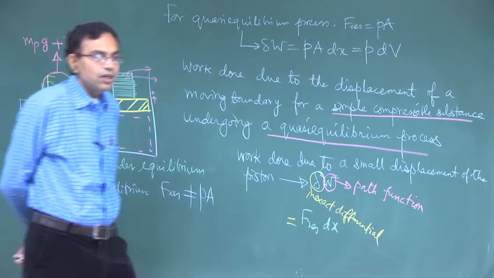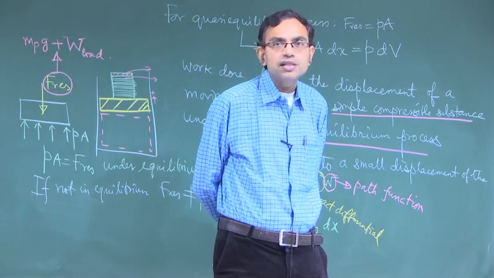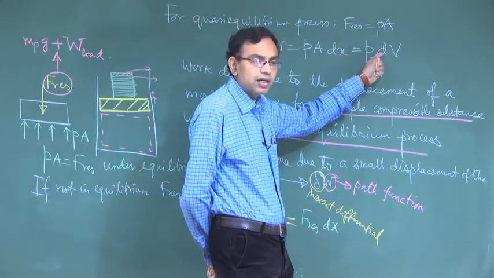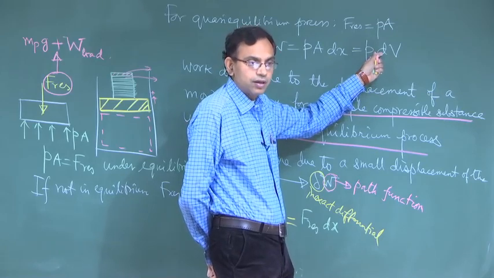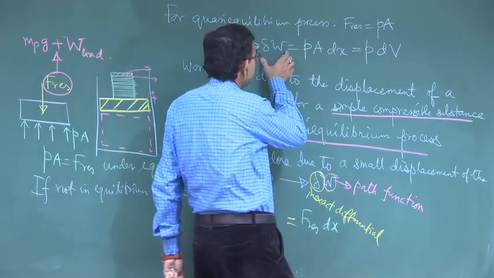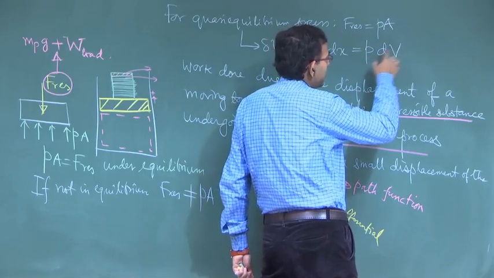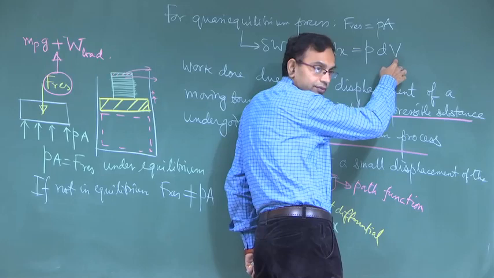I want to talk about a few very important subtle points associated with this very simple expression, work done equal to P dV, which perhaps all of you have learned from school level, high school level. First of all, why is this a path function? Depending on how pressure changes with volume, the work done, which is the integral of this, will depend, right.